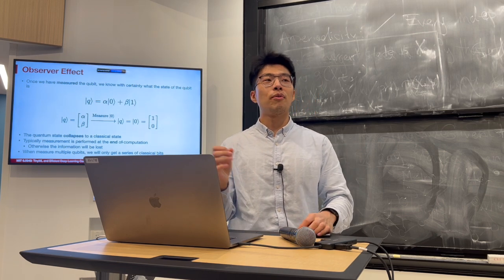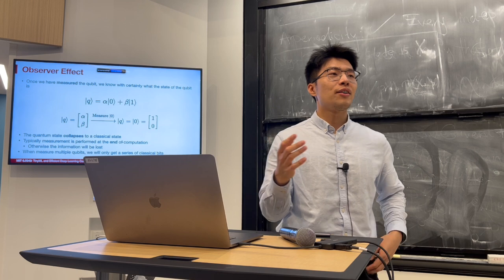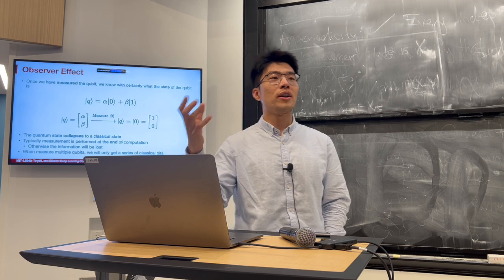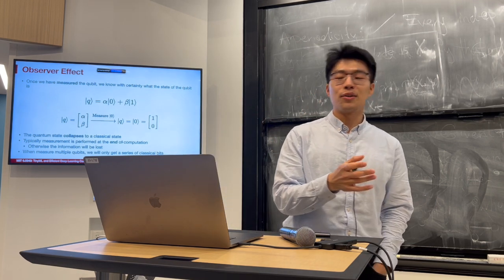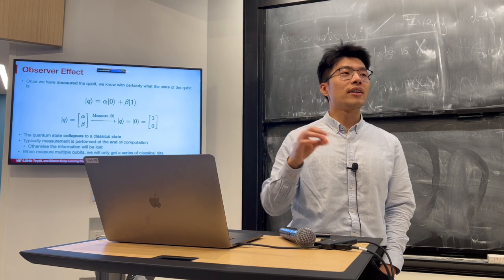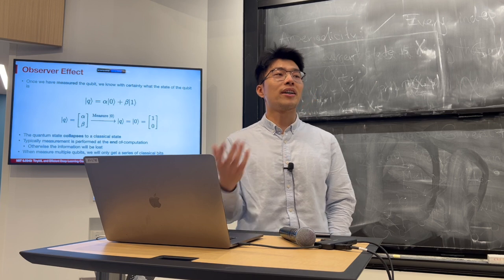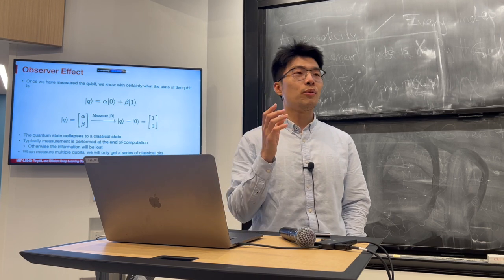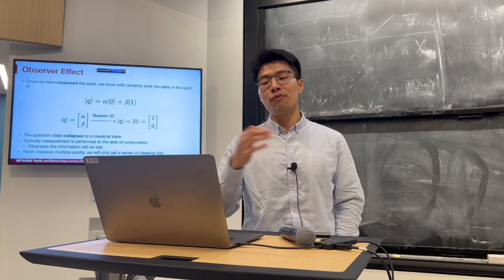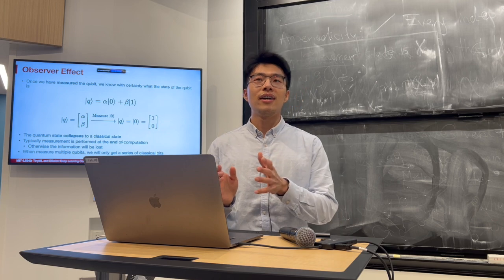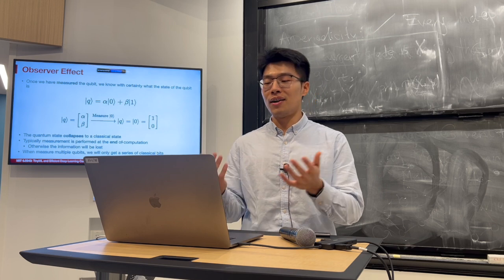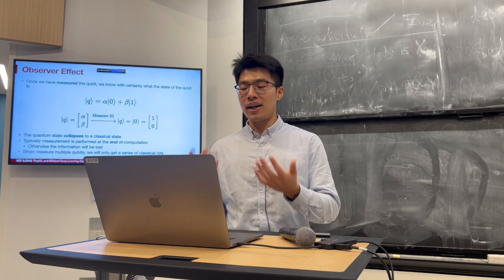After a certain count of the counter, a poison will be released and the cat will die. But before you open the box, you don't know whether the device has been triggered. So when you do the observation, you decide what the state of the cat is. Before you open the box, you don't know the state. That is the superposition of the cat being live or dead.